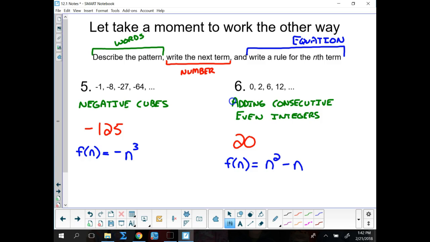Fits. 4 squared, minus 4. Fits. 5 squared, minus 5. Fits. There's our rule. If it doesn't fit for a term that you know, that's not the rule. The rule has to fit every term that you know, because then you can use it to find the terms that you don't know.